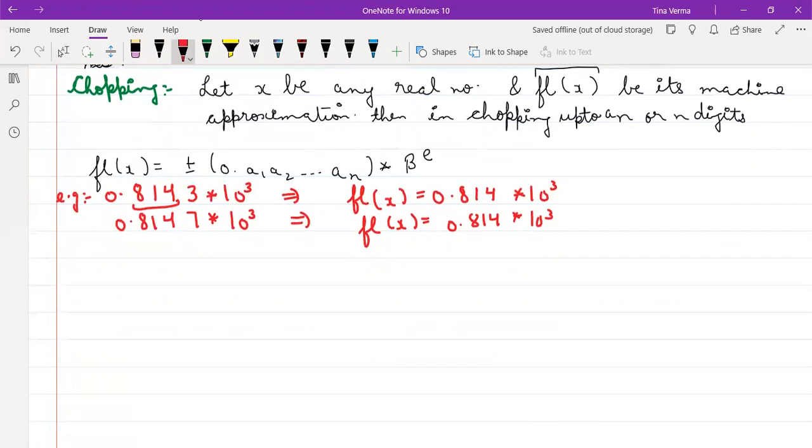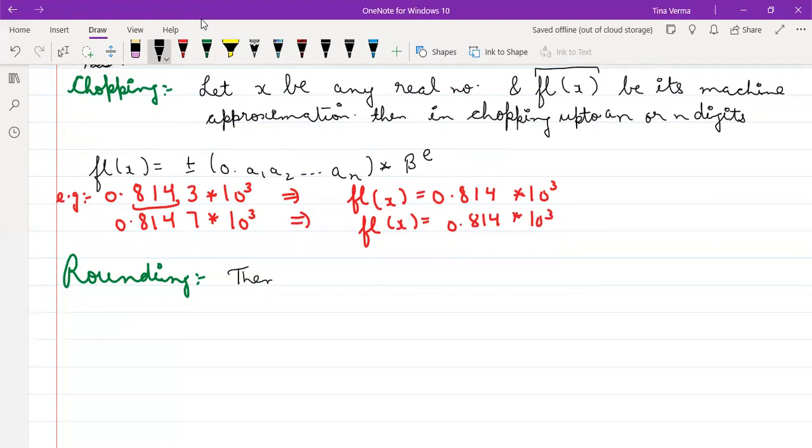And in case of rounding, the rest, the definition is same. You have X any real number and fl(x) is its machine approximation.